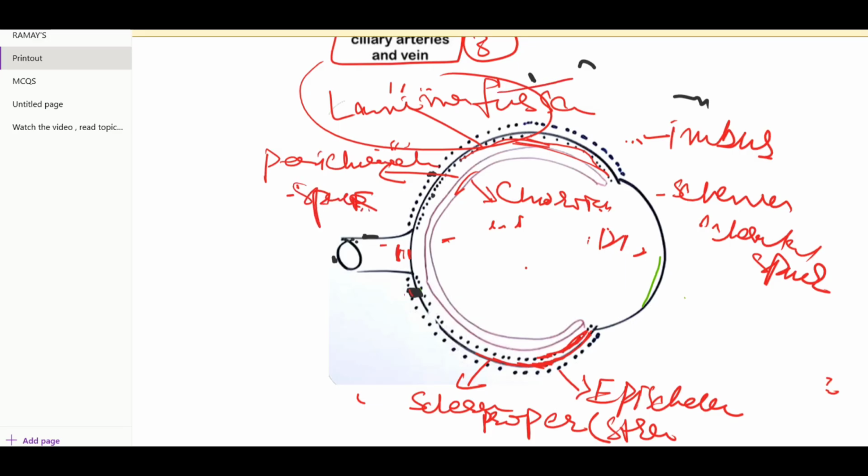This lamina fusca is also known as the suprachoroidal lamina. I hope the lamina fusca is clear now, because this is the part of the sclera which lies between the sclera proper and the choroid, and there is the potential space known as the perichoroidal space. That's all about today's lecture.